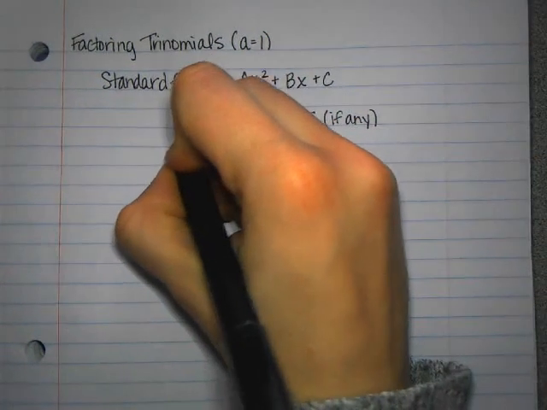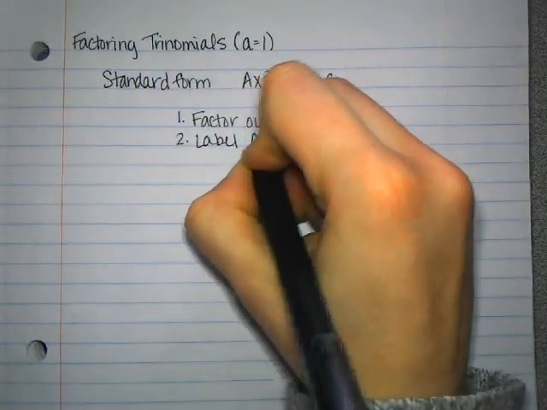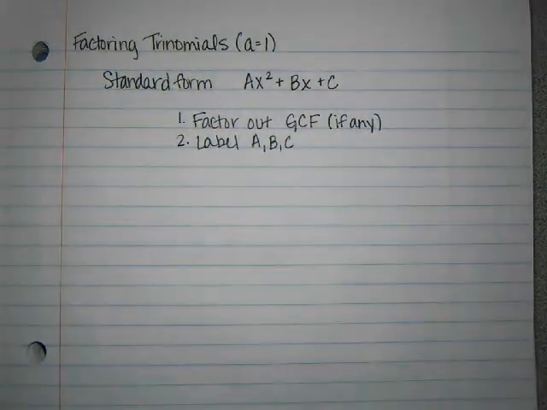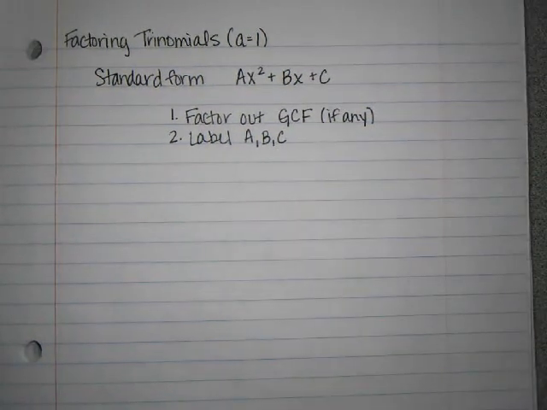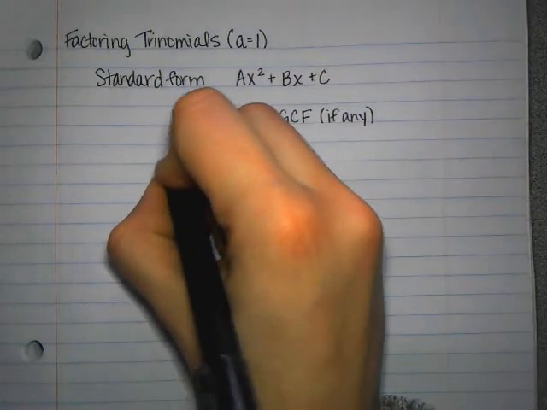Step 2, label A, B, and C. Find out what those coefficients are, or for C, what our constant is. Later on, you will get away from labeling A, B, and C, but some of you would like to see that visual, so we will be doing that for today's lesson.